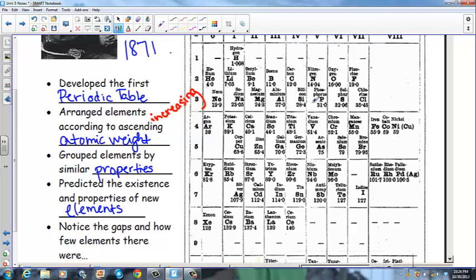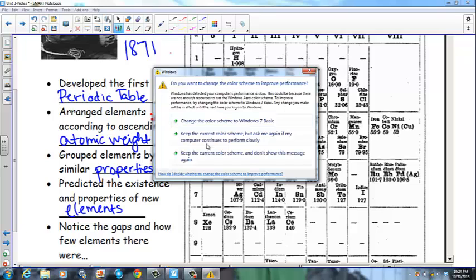So for the elements that had been discovered, atomic masses were determined, and then there were gaps between some masses. If you see here, we have magnesium at 24 atomic mass units, and then aluminum at 27.